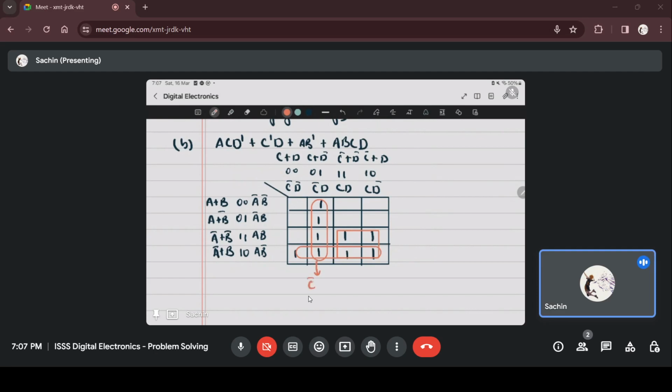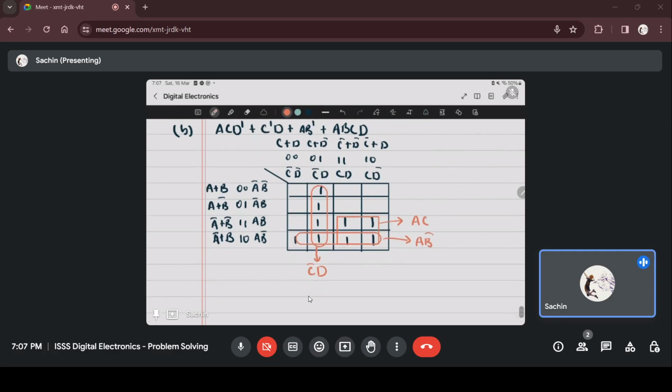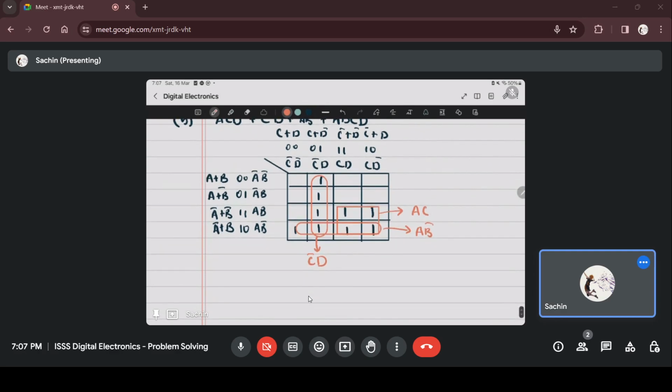First quad is C bar D, second quad is AB bar, third quad is AC. And the sum of products expression is AC plus AB bar plus C bar D.